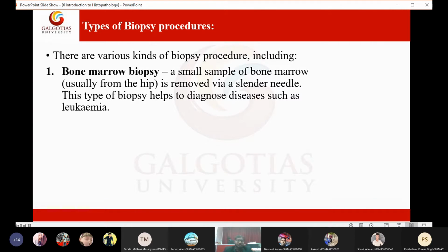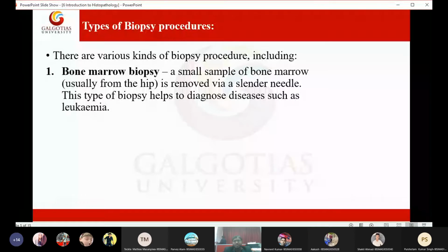The first one is the bone marrow biopsy. A small sample of bone marrow is removed via a slender needle. This type of biopsy helps diagnose diseases such as leukemia, when there is an abnormality of WBC and RBC, a production or morphological abnormality, not in the total count.